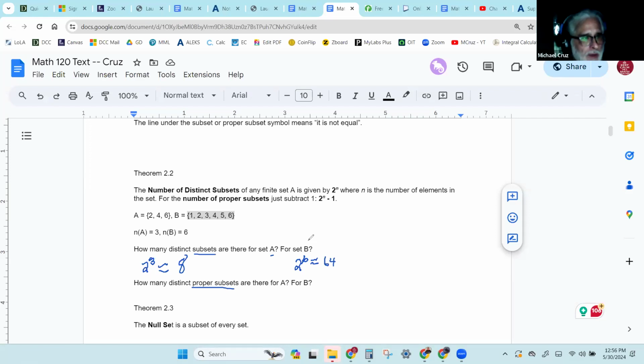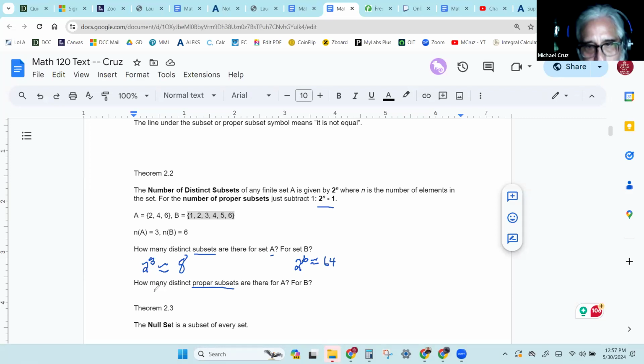What we do is we throw out the one that's equal, which is where this formula comes from. So when we find the number of proper subsets, we subtract 1 from the total. The one we're subtracting is the one that's equal. Because when we go from subsets to proper subsets, we take out the one that's equal.